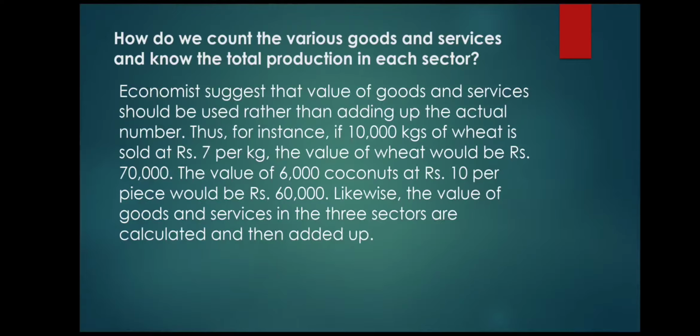Like, for example, if 10,000 kg of wheat is being produced and the price of wheat is rupees 7 per kg, not the exact amount of production but its value, that is 70,000 rupees, should be considered while calculating total production.